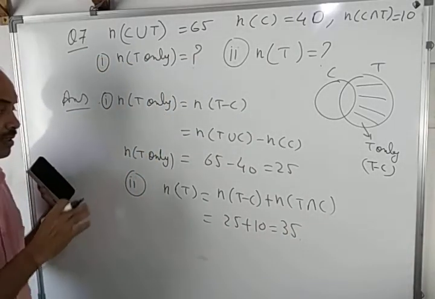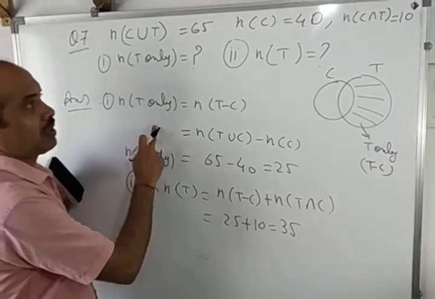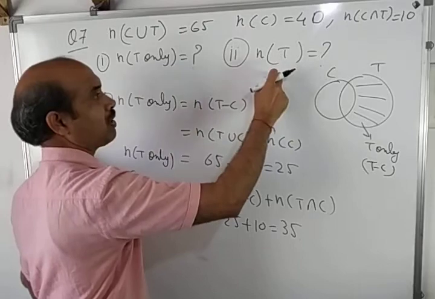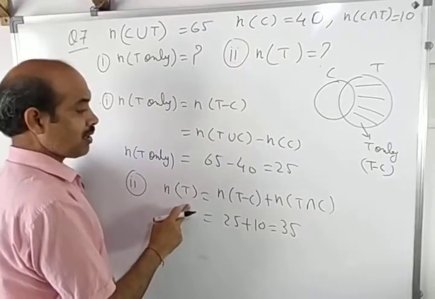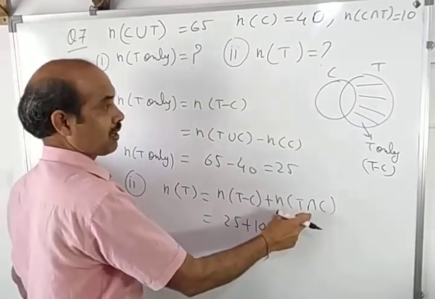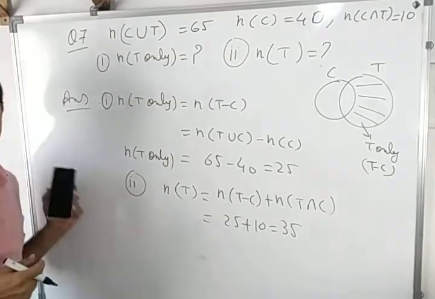This is another way to do the same question. Otherwise you can find out NT with the help of the previous formula, and after finding NT you can subtract the intersection, so you will get T minus C or T only.